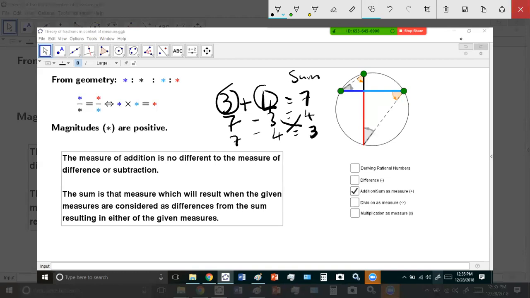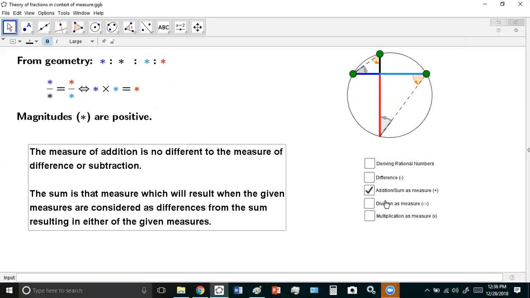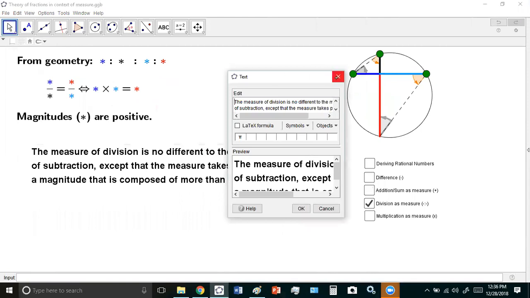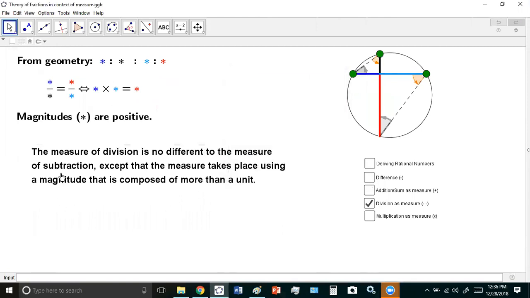And now, division is simply that measure of subtraction, except that the measure takes place using a magnitude that is composed of more than 1 unit, okay? Does that make sense? All right, well, let's see an example of that.